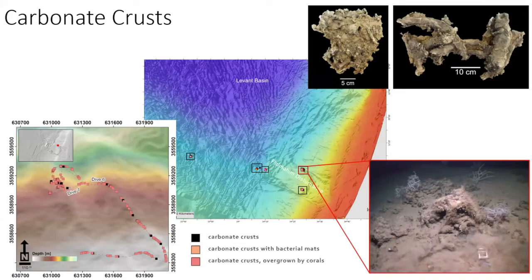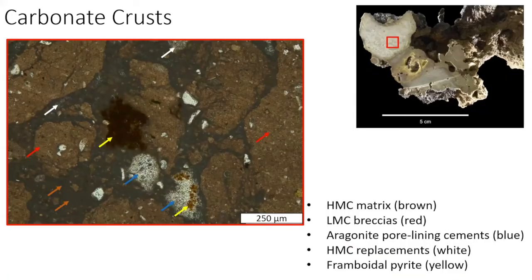Looking at one of those cemented tubes, we have a high magnesium calcite matrix, and within the matrix there are small low magnesium calcite breccias and also some pores that are filled by aragonite cements, which are partly replaced already by another high magnesium calcite phase. Everything else is overprinted by framboidal pyrites.